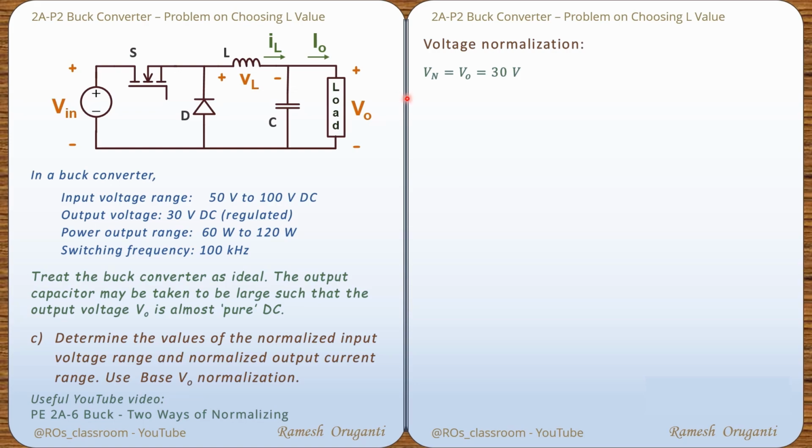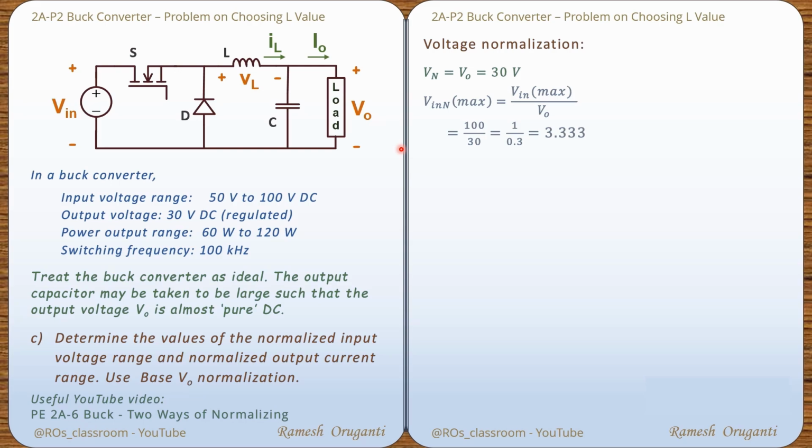So Vin n max is Vin max by V0, and Vin max is of course 100 volts. So that is 100 by 30, that is 1 by 0.3 or 3.333. This is the normalized maximum input voltage.